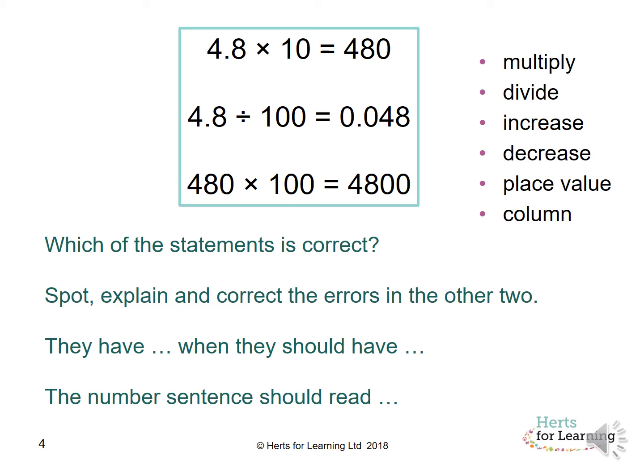Then if you look at 480 times 100, you would have had to move it 2 places to the left, which would be 48,000. There should be 3 zeros. Why you know that? You've got 1, 2 zeros here and another 0 here. It's a good way of remembering it. But you know you've got to move it 2 places because you've got times 100 there.